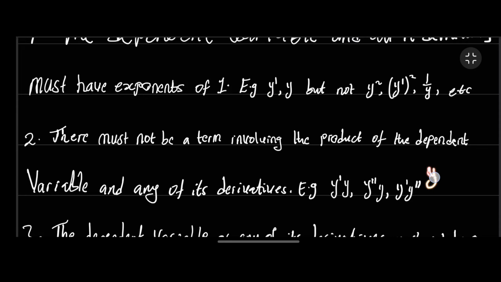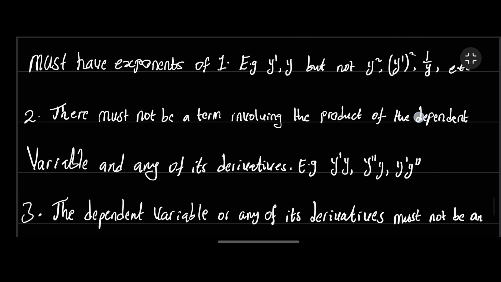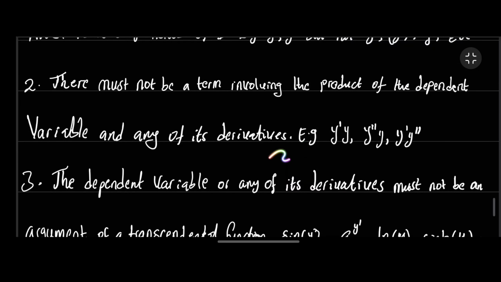an exponent of -1 for the dependent or the independent variable. Here's what I mean by that. Let me explain that briefly. You have, let's say, y prime times y itself equal to x. Let's say you have this as the differential equation, and you decide that you are going to make the derivative the subject.